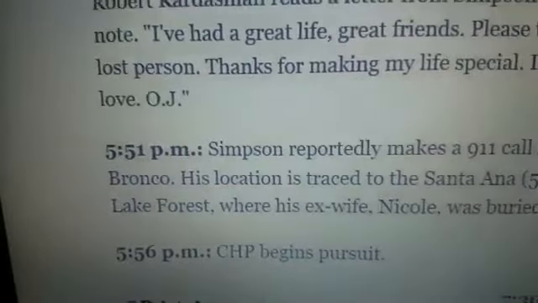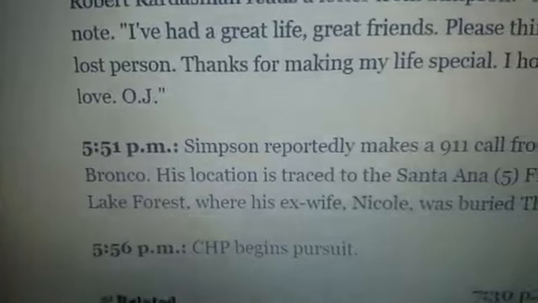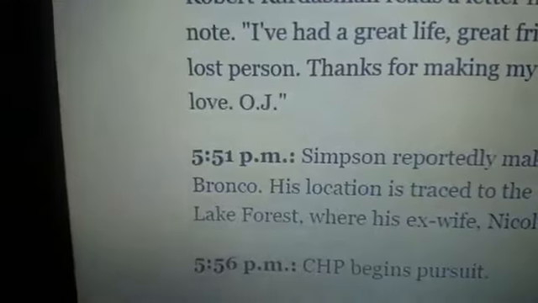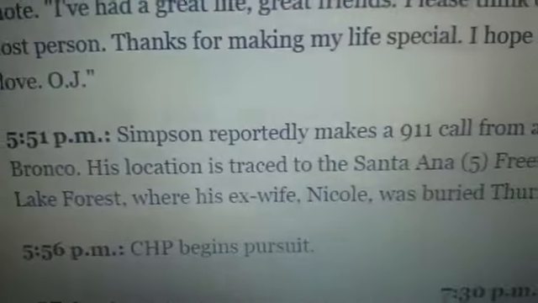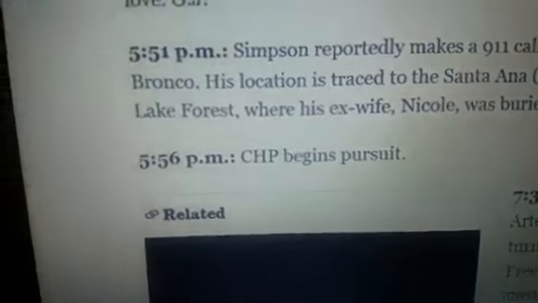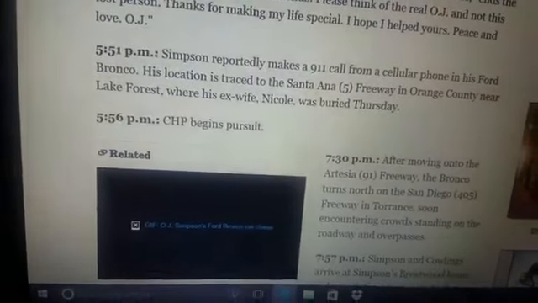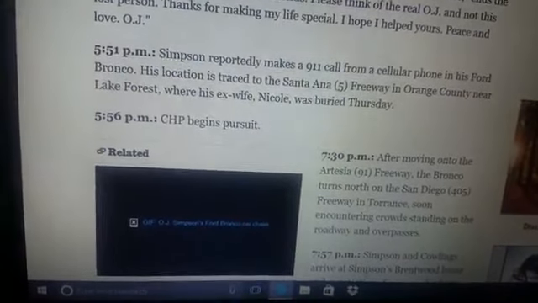He called the police at a time that goes back to the number 11. 7-11 connection again with the start of the chase, and the chase started on Santa Ana 5 freeway. Okay? Very, very, very significant, these numbers.